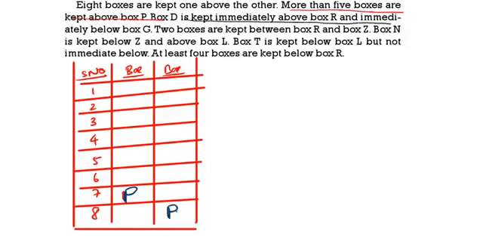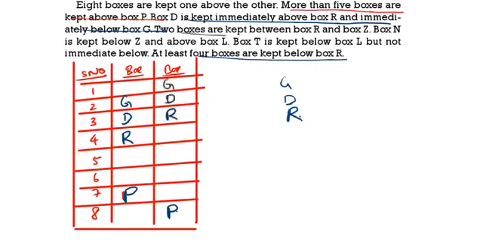D is kept immediately above R and immediately below G. So G, D, R. At least 4 boxes are kept below R. That means I can take R here, then I can take D, I can take G. Here also the same thing. At least 4 means you can take R here, D and followed by G.